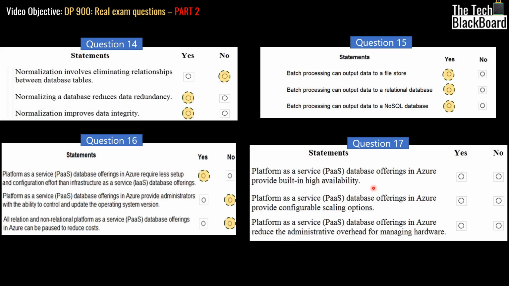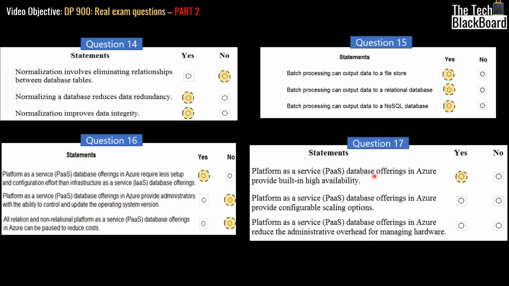Of course, as I mentioned before, all the baseline admin work now lies with the cloud provider. So high availability is already built into the PaaS offerings. You don't have to explicitly configure high availability. It's already there, at least the base of it. So this statement is a yes.